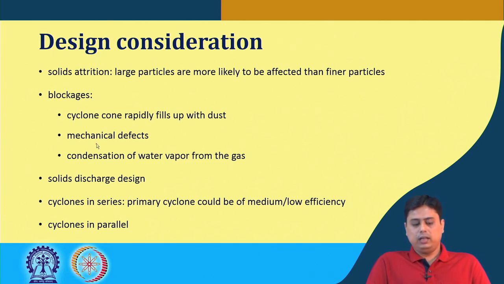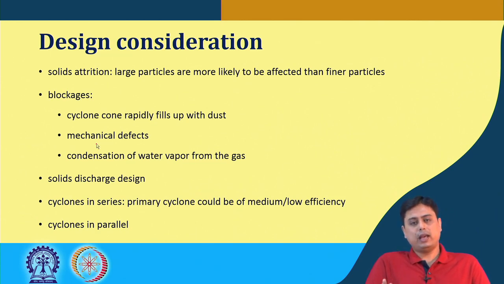The other important parameter that has to be considered during the design or the large scale operation is blockage. Now, the cyclone cone rapidly fills up with dust because that is the collection zone. If that happens very rapidly, the pressure drop goes very high, and the efficiency also falls.